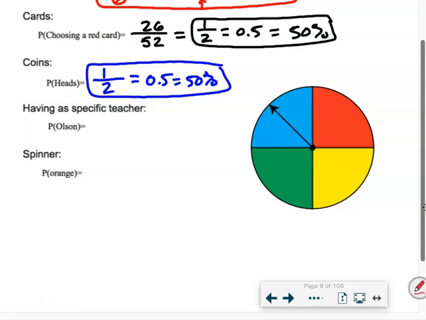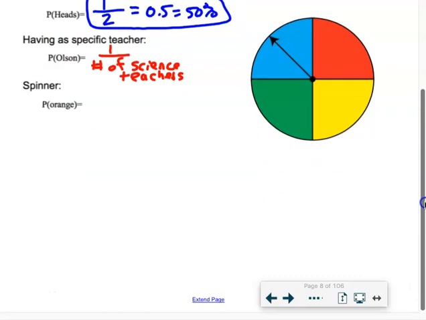So it would be 1 out of the number of teachers. So Olson's a science teacher. I'm just going to leave it like this right now, because off the top of my head, I don't know how many science teachers there are. So sorry about that one. That one's not really a final answer, but there's one way to have Olson. We would divide it by however many science teachers there are.